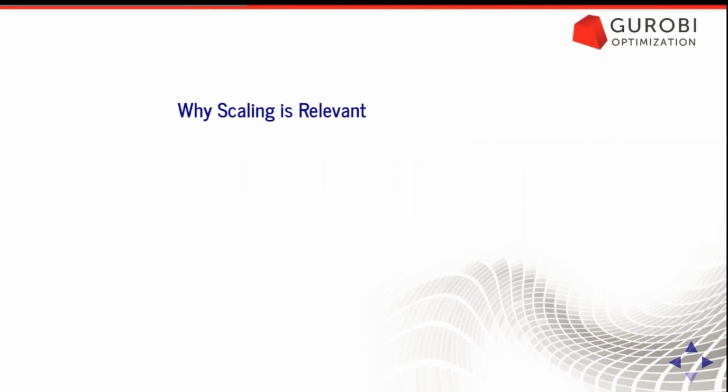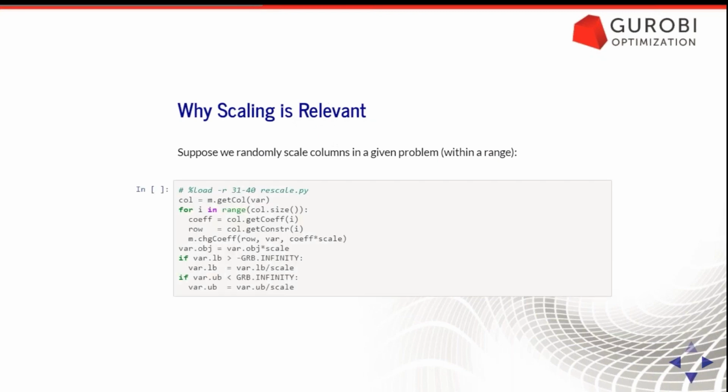So let me try to stress why scaling is relevant. What I'm going to do is a quick experiment. I'm going to take a problem and randomly rescale the columns of the problem so that the optimal value in theory doesn't change.